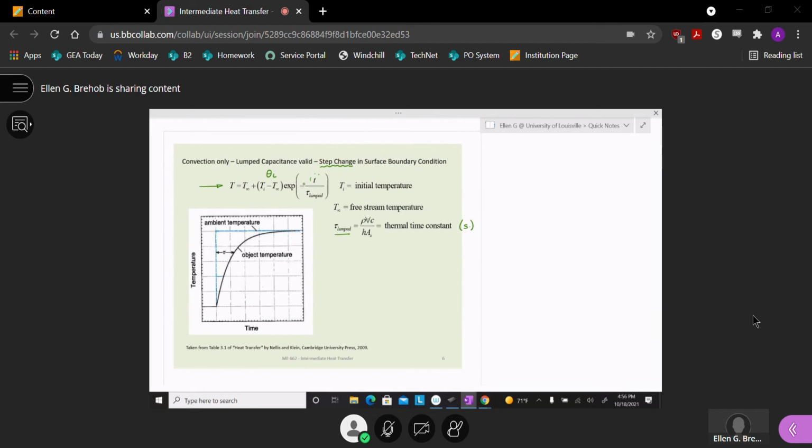Okay, and then let's see. This graph is showing temperature versus time. And this blue line is showing my step change in ambient temperature, and the object temperature is exponentially increasing, getting closer and closer to the ambient temperature.